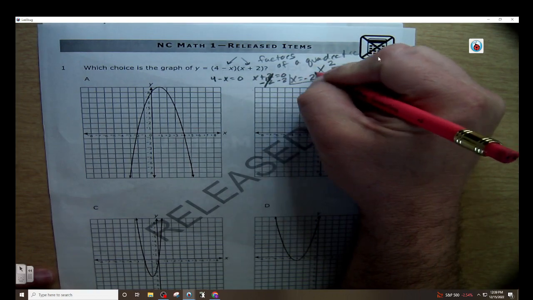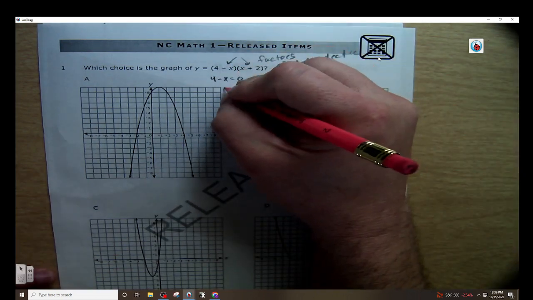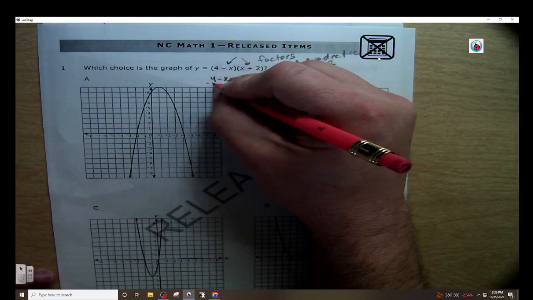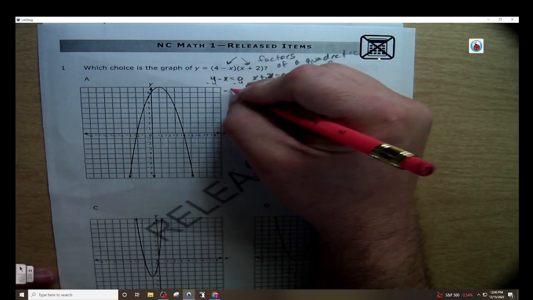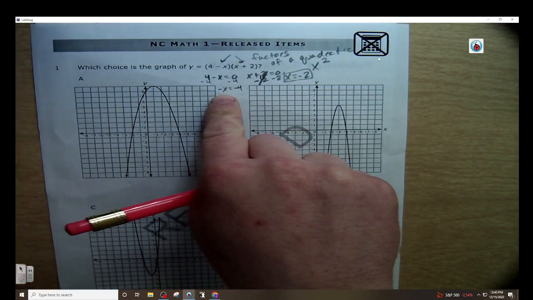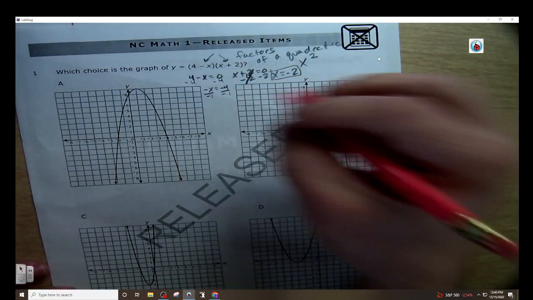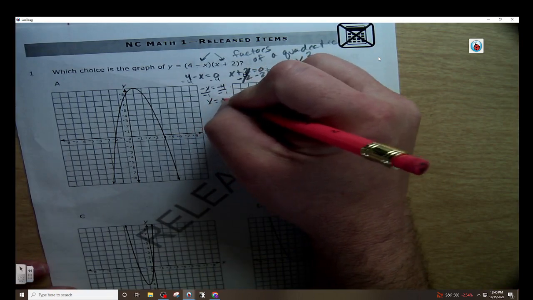That gives me x equals -2, and if I subtract 4 from both sides, that gives me -x equals -4. Well, I can't leave x as a negative like that, so I'm going to divide by -1, and that gives me x equals +4.